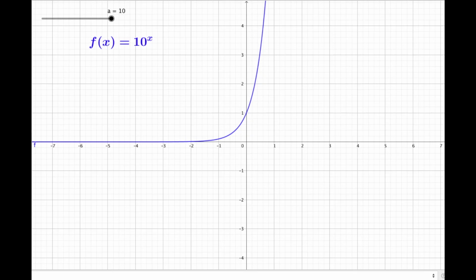Useful with logs to have an idea of the shape of the log curve. You sometimes might have to draw it anyway, and it can be difficult to remember. So just like with the proofs where we went into indices, which was a familiar topic, then for looking at the log graphs it's worth looking at exponential graphs.